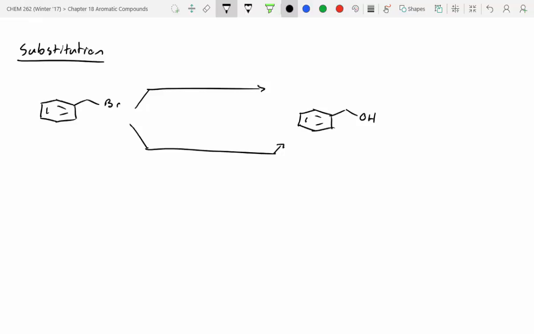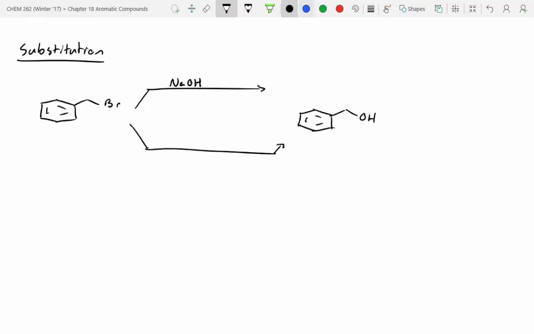What conditions might we want to use? We have 2 options. SN2. If we do SN2, what reagent do we want? Yes, just sodium hydroxide, right?